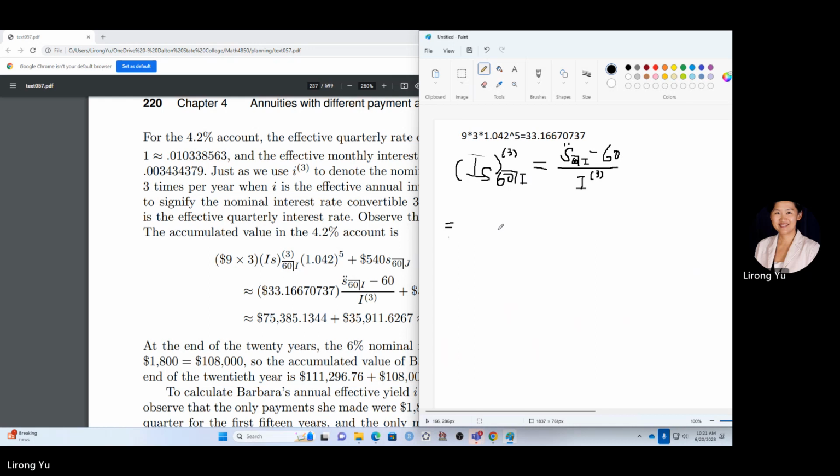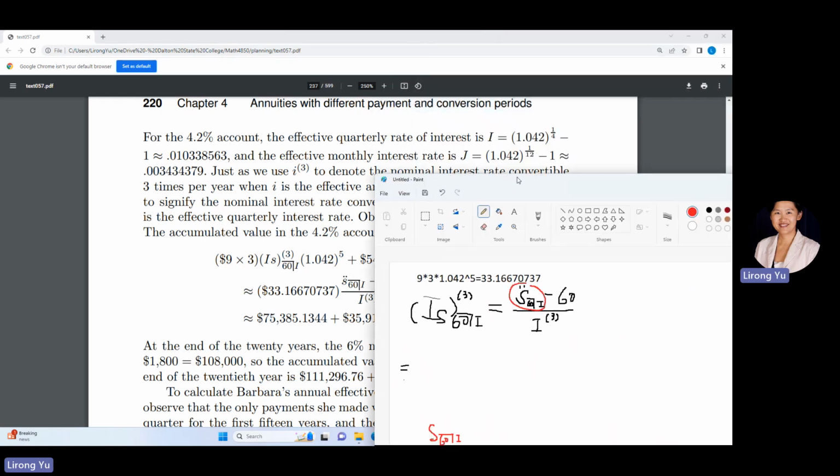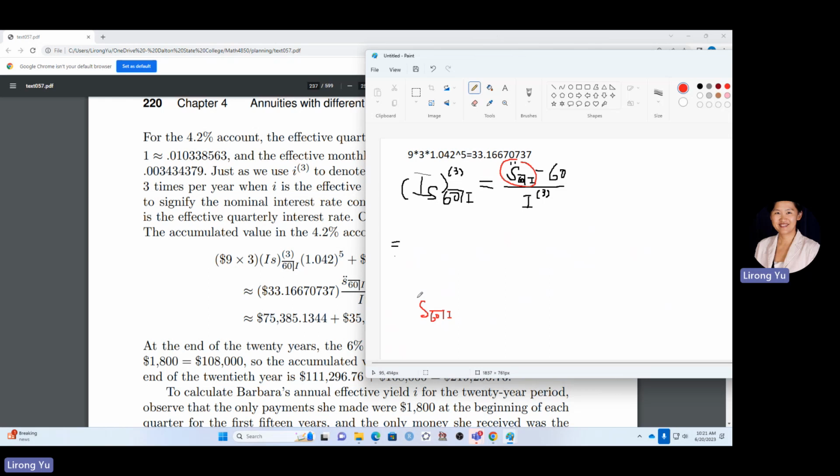Now, the actual calculation, I did it myself. This part is calculated by, let me separate that calculation there. So S 60 I, now the I is given by the quarterly interest rate.